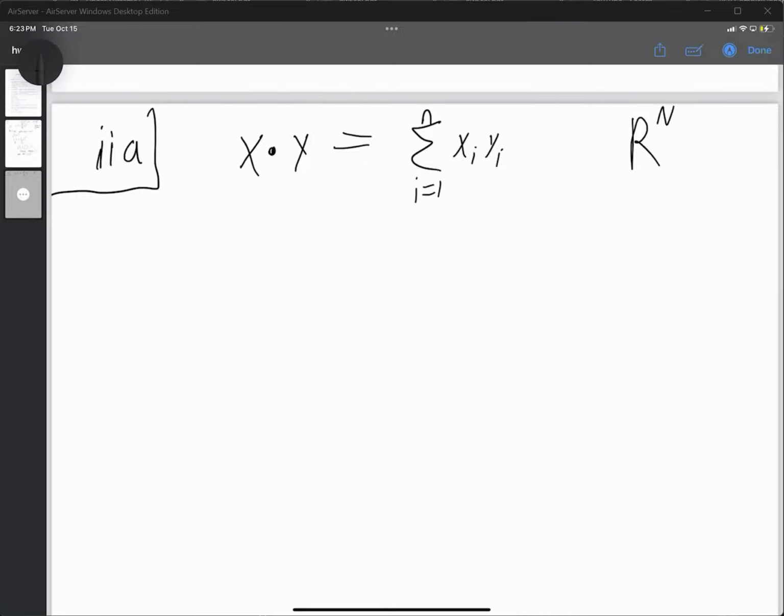So basically, for conjugate symmetry, if we flip the order of the dot product here, if our result is different, then it fails the test for this dot product of vectors to be an inner product of R^n.